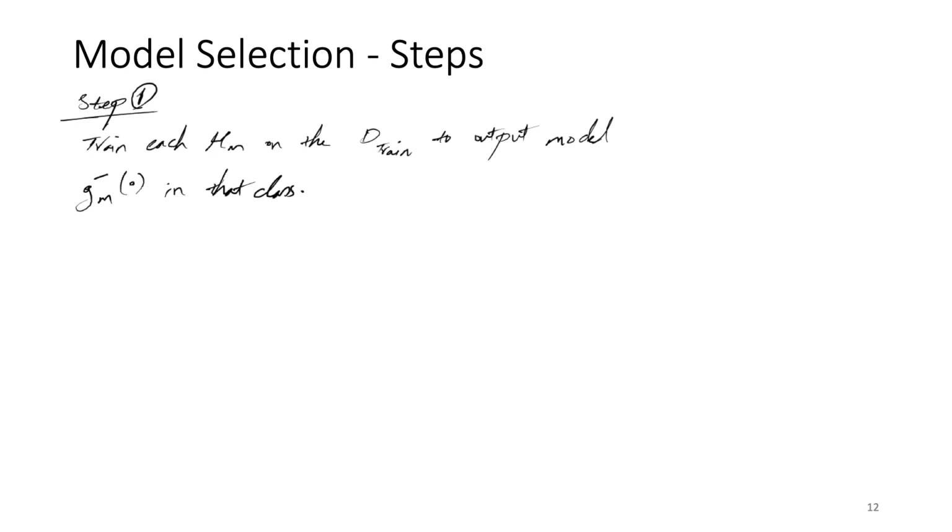You see, the validation set can be used to estimate out of sample error for more than one model, right? So step one, we're going to train each of those hypotheses, or class of hypotheses within a certain polynomial degree, on training data, to output a model G minus M in that class. So first we start by training using each of those H's, H1 up to HM.